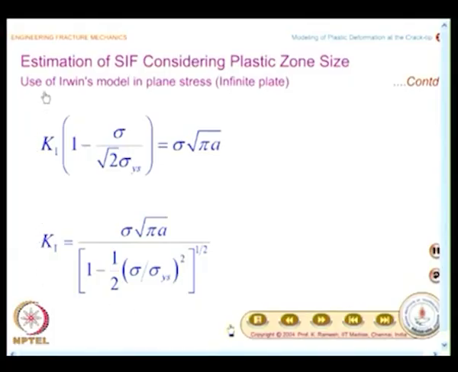So, in the case of an infinite plate with a center crack, if you consider the plastic zone, that K1 becomes an expression other than sigma root pi a. You have a denominator which will be less than 1, so this value will be eventually higher.